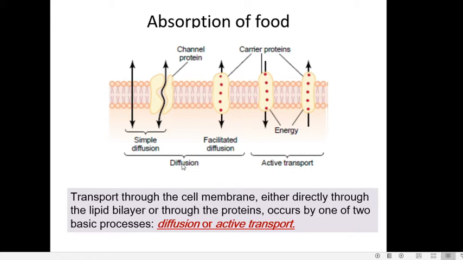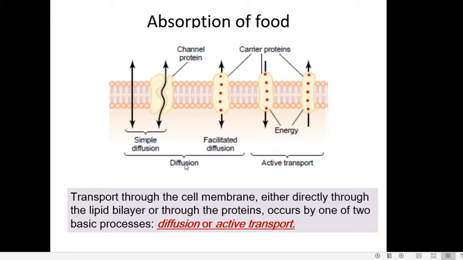In diffusion, a substance will move from a region of its high concentration to that of its low concentration, that is along the concentration gradient. Whereas in active transport, the substances are made to move against the concentration gradient, that is from a region of low concentration to a region of high concentration. For diffusion, no extra source of energy is required.